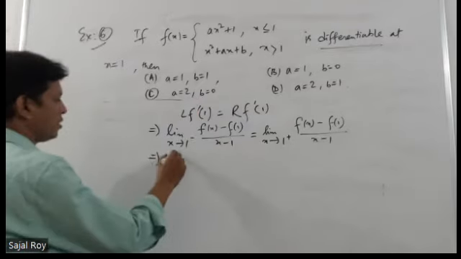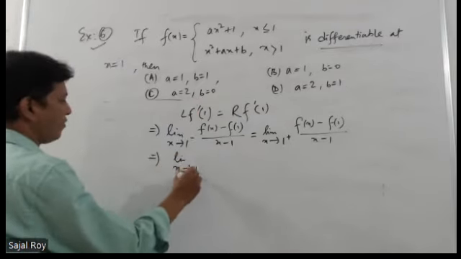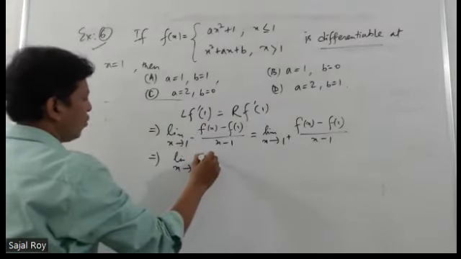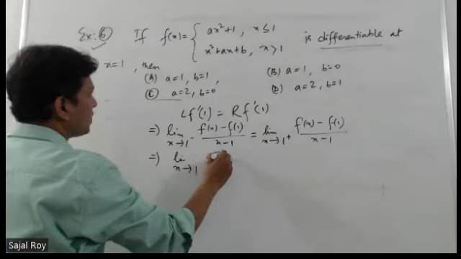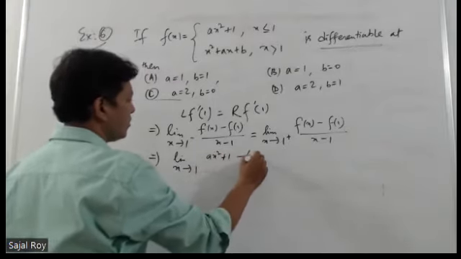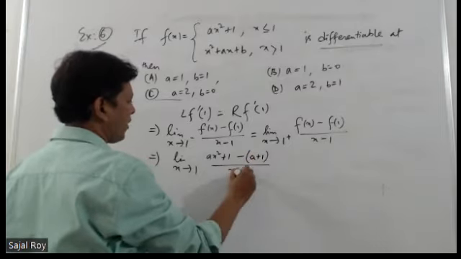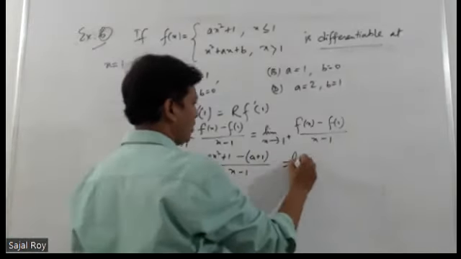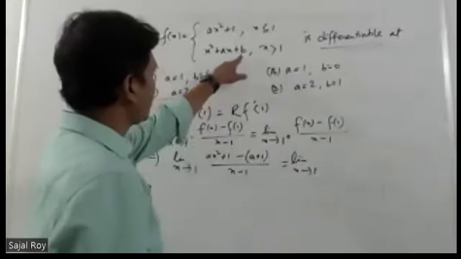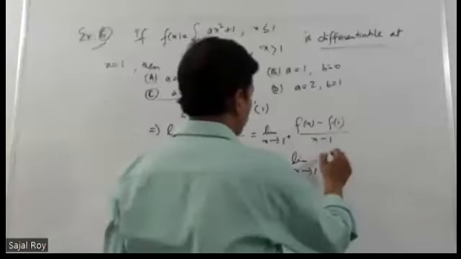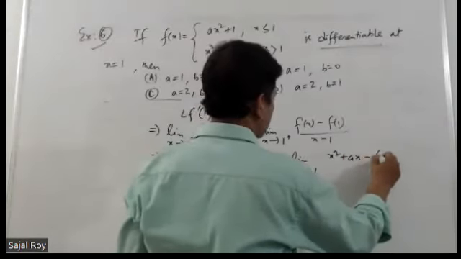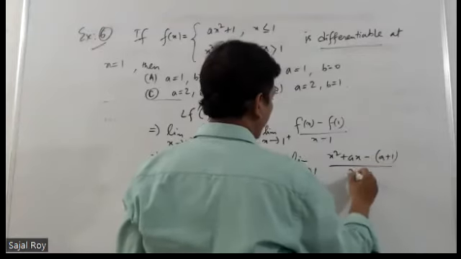On the left, ax square plus 1 minus (a plus 1) over x minus 1. On this side you already have b as 0, so you can plug in b as 0. Then it's x square plus ax minus a minus 1 over x minus 1.